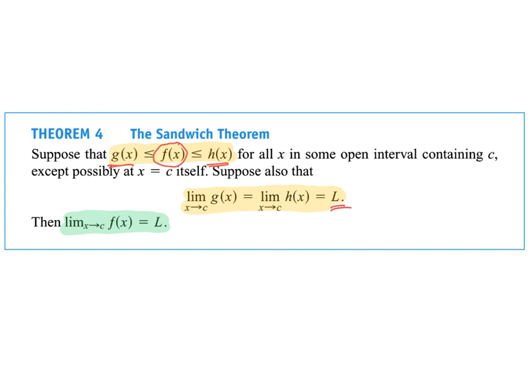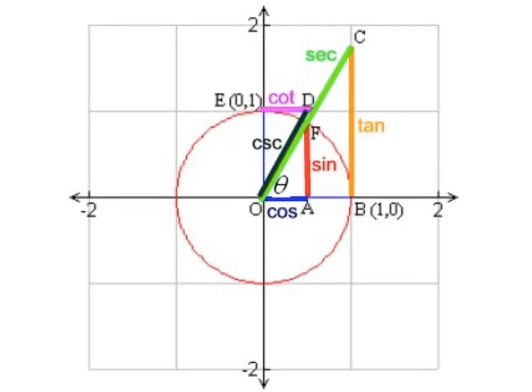To do this, we're going to construct our inequality using geometry. Before we make our construction, I want to remind you about the unit circle and where you can find trig values on the unit circle.